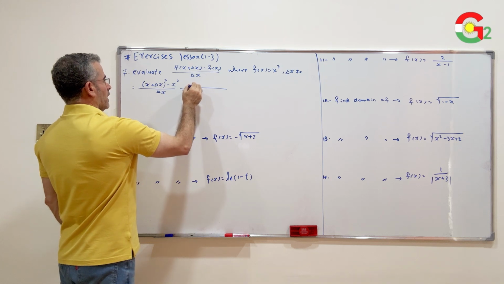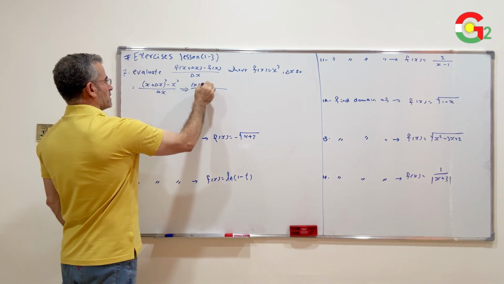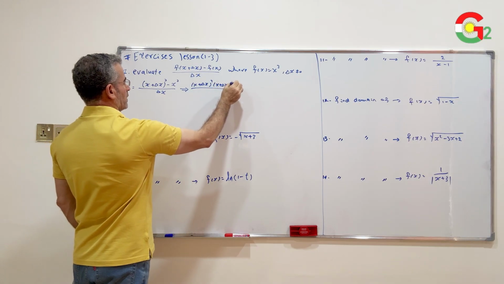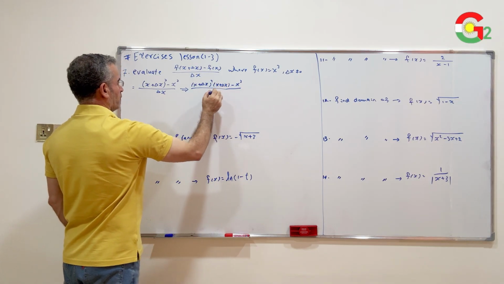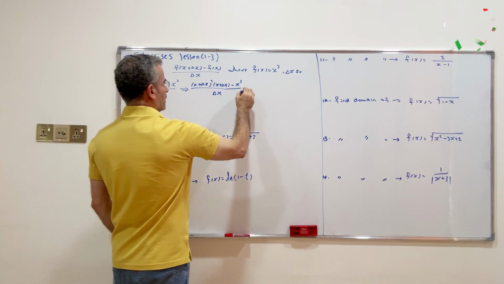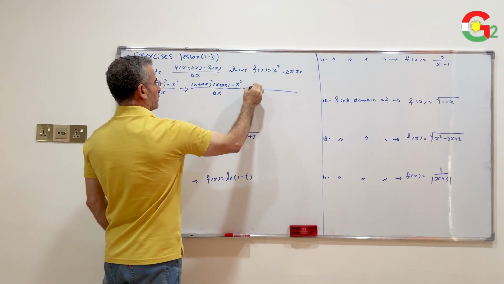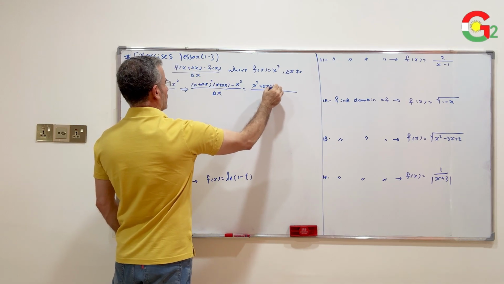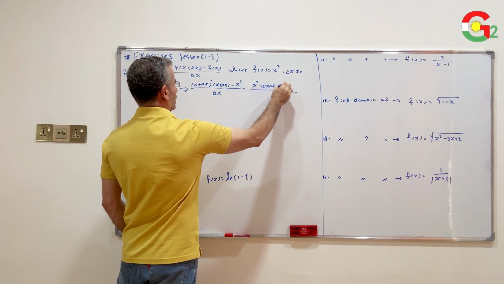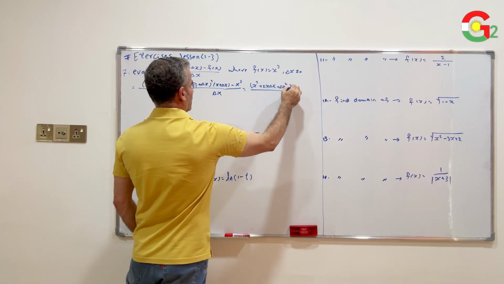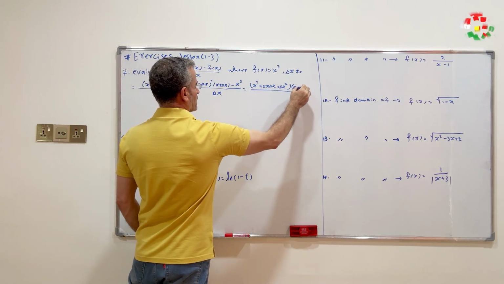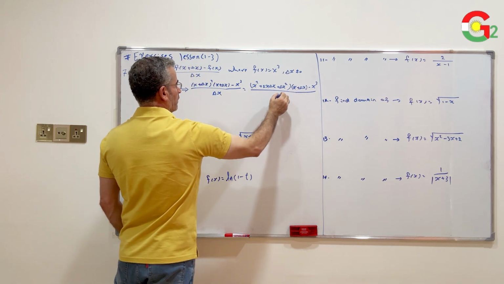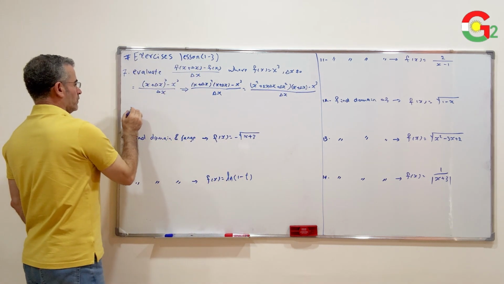I can write it as x plus delta x squared times x plus delta x minus x cubed over delta x, which equals x squared plus 2x delta x plus delta x squared times x plus delta x, minus x cubed over delta x.